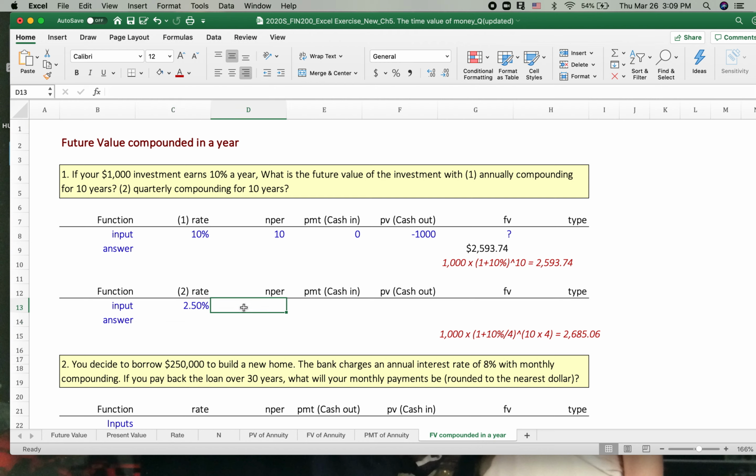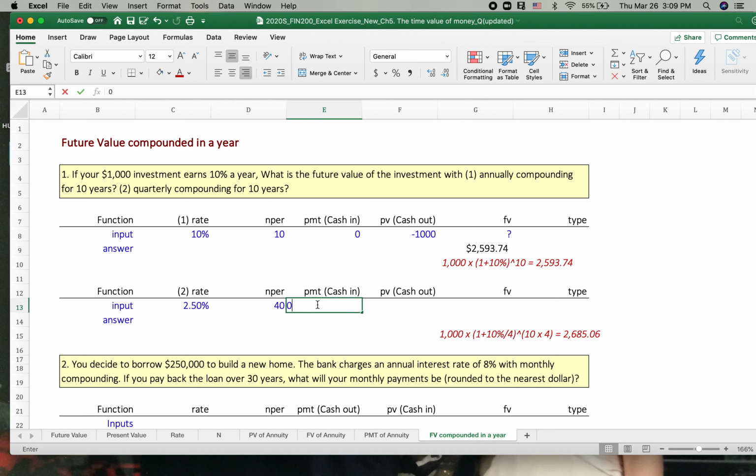Then what would happen? The number of periods is not a year. Literally saying, number of periods. So how many periods do we have now? So 10 years times 4. So 40 is the number of periods now.